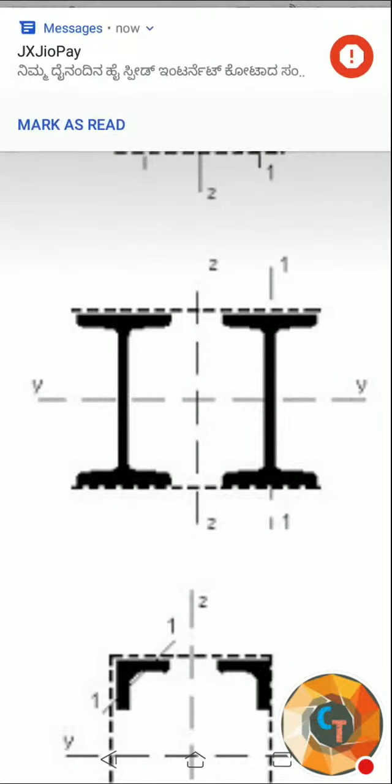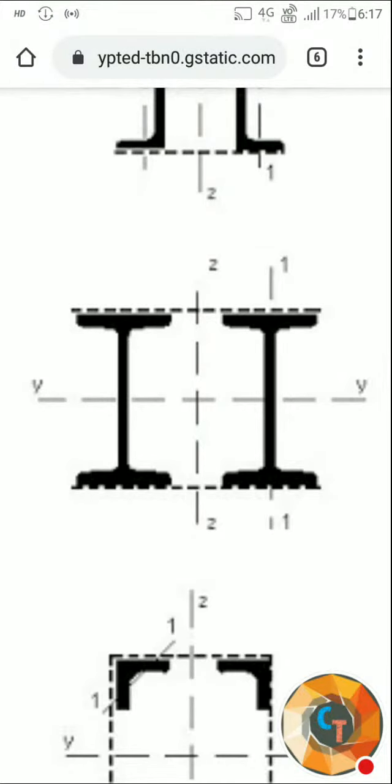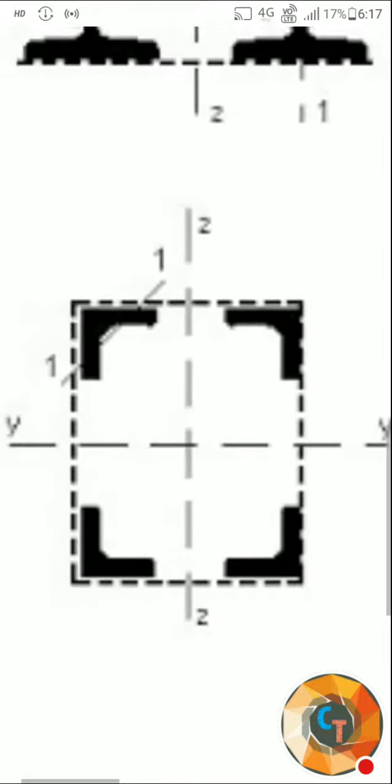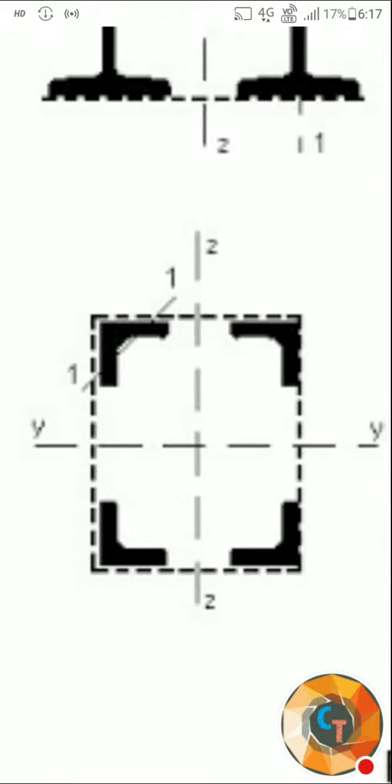So here it is two parallel to y axis and two parallel to z axis. With the angles, two lacing systems are parallel to y axis and two are parallel to z axis.